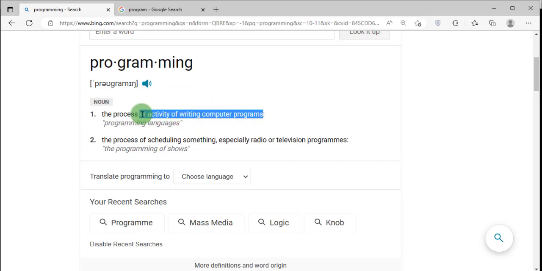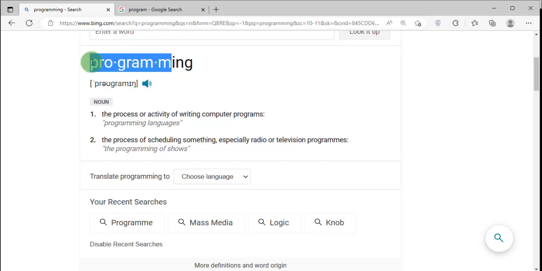But let's not agree at this time, because we do not want to go for computer programming again. We just have to remember the process of something, or maybe we can say the process of program. Let's go to the second definition: the process of scheduling something.